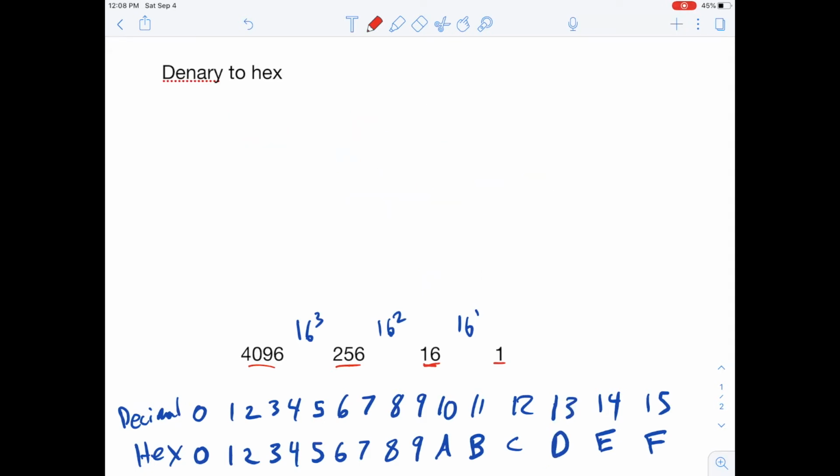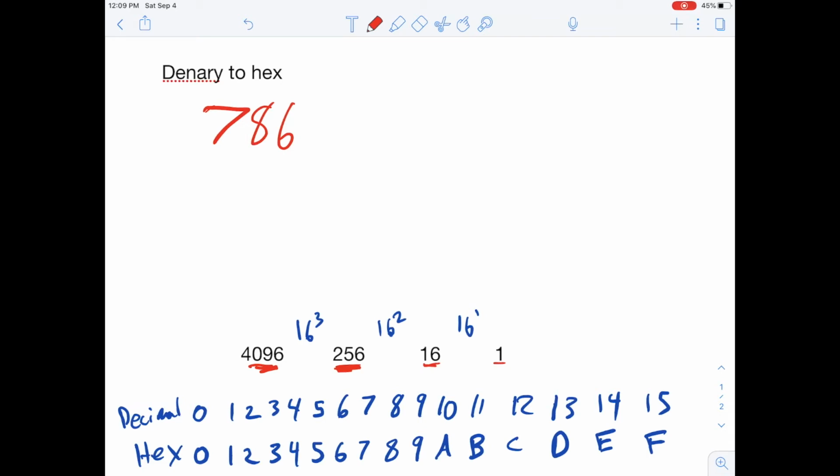Alright, let's try converting a larger number. So denary or decimal 786. Now 4096 is not going to fit into 786, I can tell that, but 256 will.